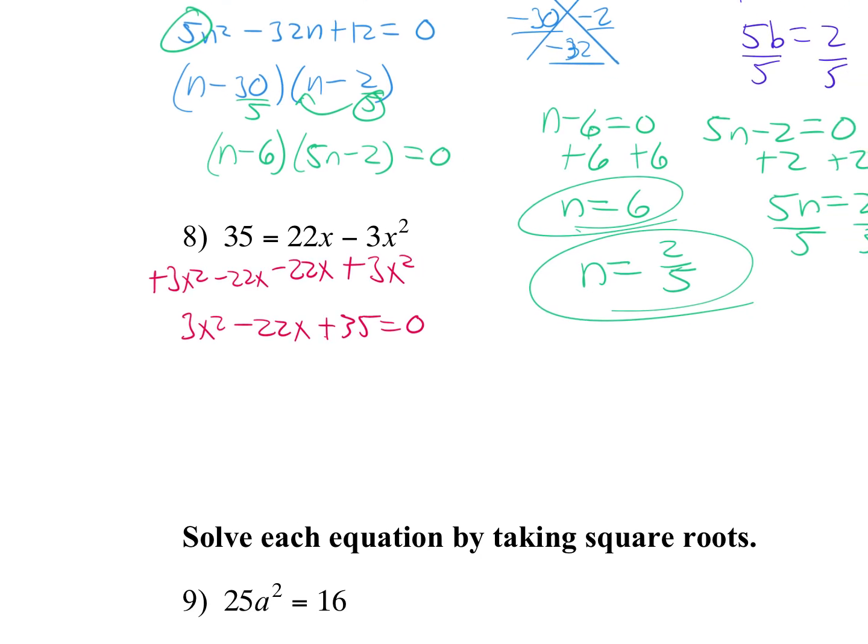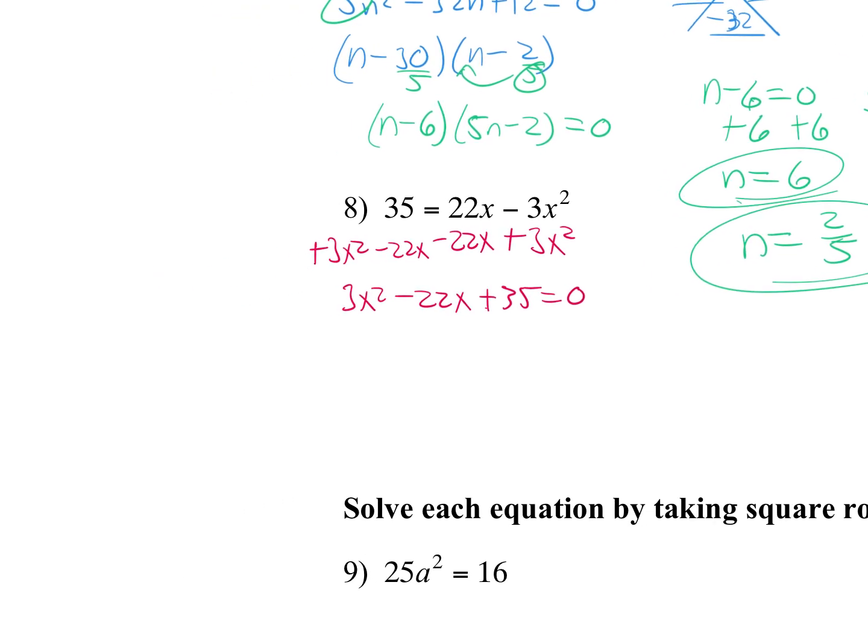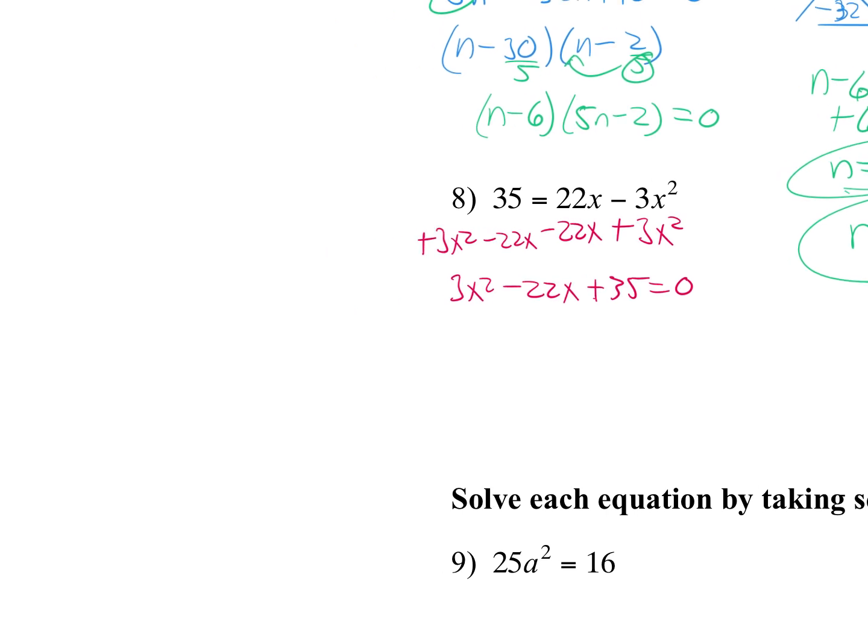Again, there's no GCF that we can pull out, so we're just going to factor it. 3 times 35 should get you 105, and then you have factors of 105 that add to negative 22. So this one should be negative 15 and negative 7.